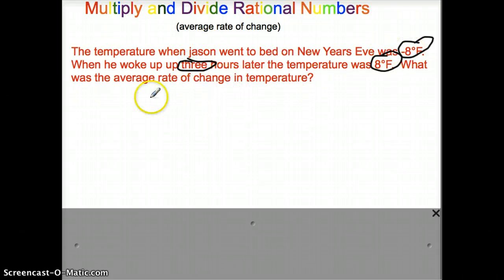So we subtract -8 minus 8. Now, in other Mathcasts, you know that you add the opposite. So -8 plus -8 would equal -16. Then you divide -16 by 3.